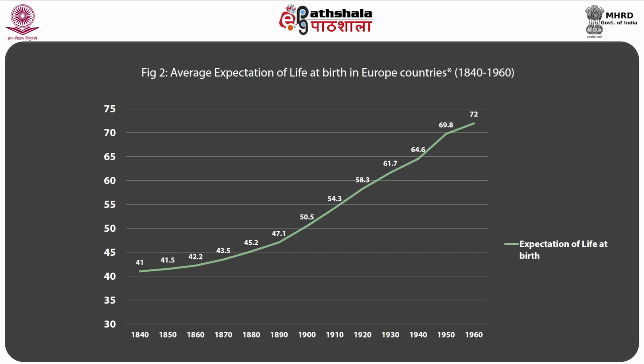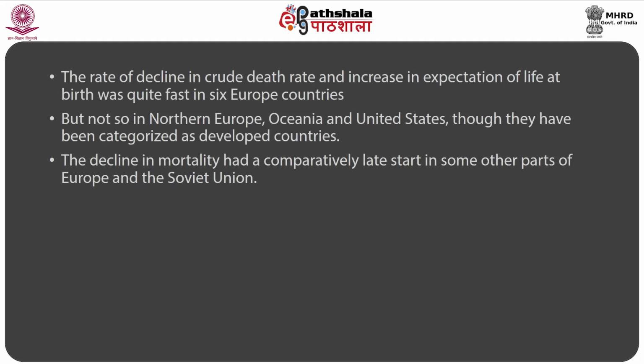Wales, France, Netherlands, Norway and Sweden during 1840-1960 increased from 41 to 72, with a marginal variation among the countries. The rate of decline in crude death rate and increase in expectation of life at birth was quite fast in 6 European countries, and it is not so in Northern Europe, Oceania and United States, though they have been categorized as developed countries.